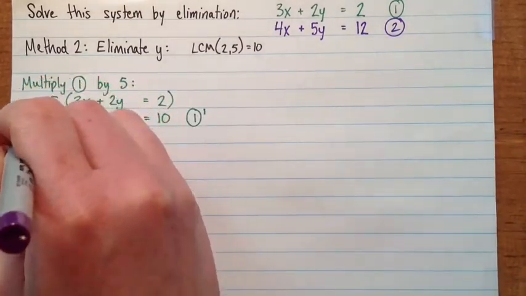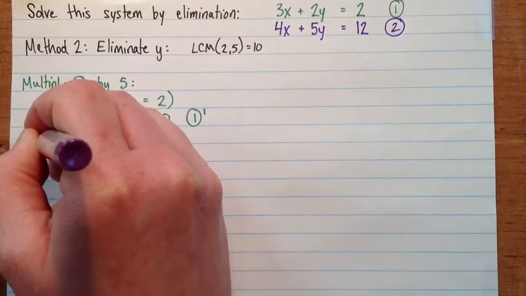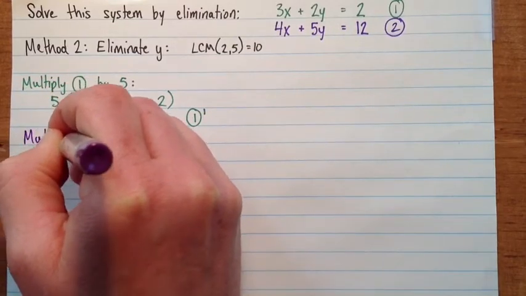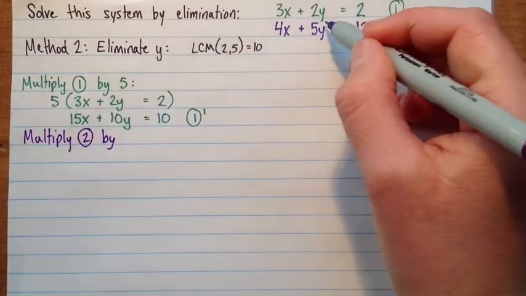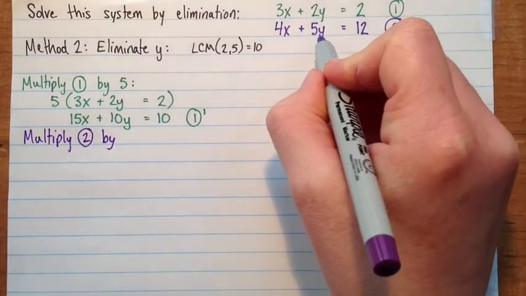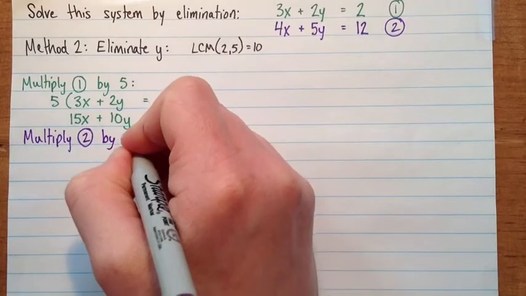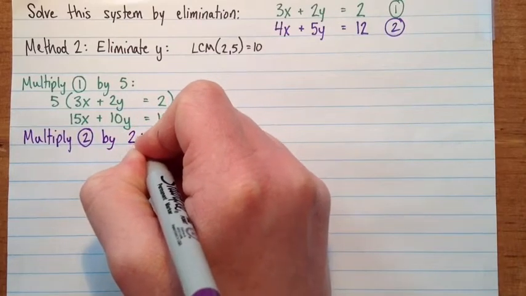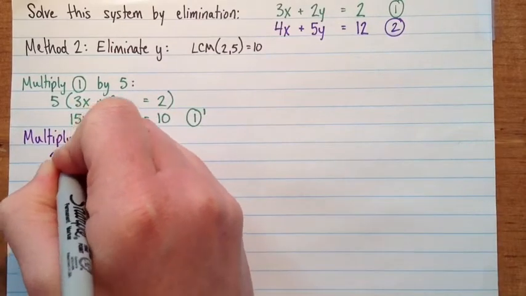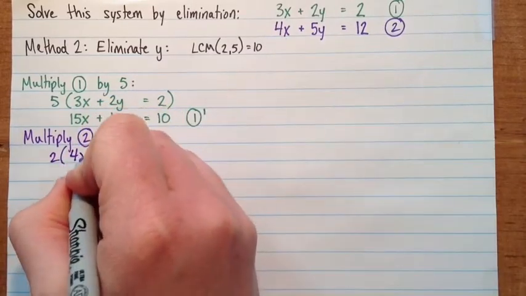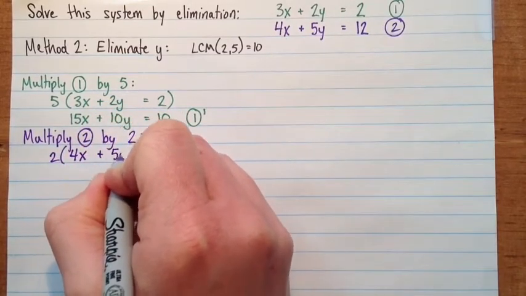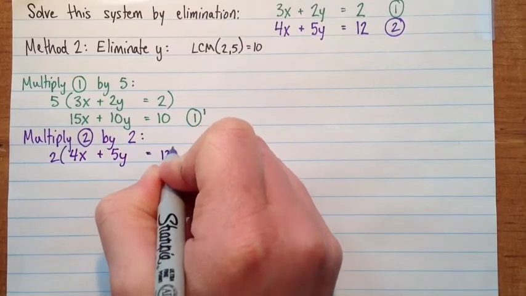Now we'll do the same thing for number 2. So we'll multiply number 2 by, so what would we multiply 2 by? We wanted 10y, so we'll have to double it by 2. So 2 times equation 2 is 2 times 4x plus 5y equals 12.